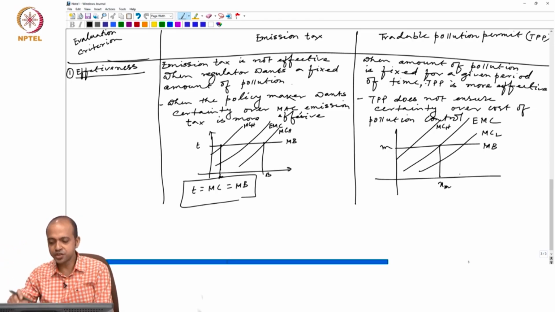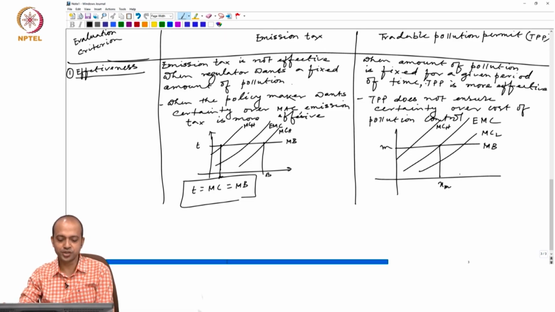The permit system is not flexible enough to take additional permits back or to supply more permits in the system, as a result of which when the marginal cost is unknown and MB is a flat straight line, emission tax is fully effective while the tradable permit system is not.